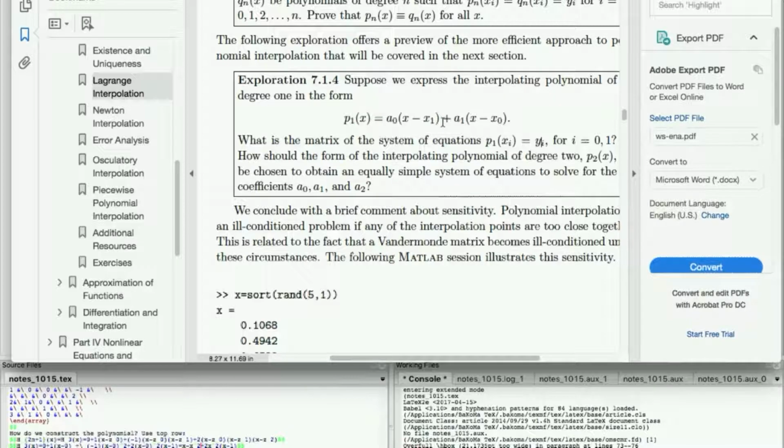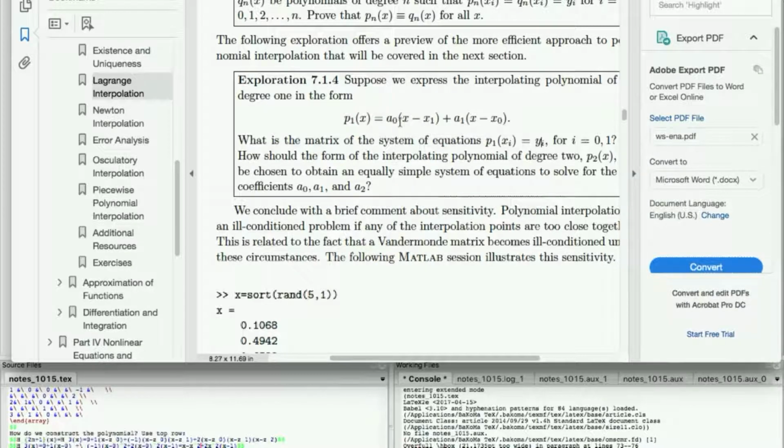Well, if the goal is to get it in terms of one unknown, yeah. Don't we need Vandermonde matrices? Right, we don't, because Vandermonde matrices are tied to one way of expressing the polynomial. But if we express it a different way, we have a simpler system.